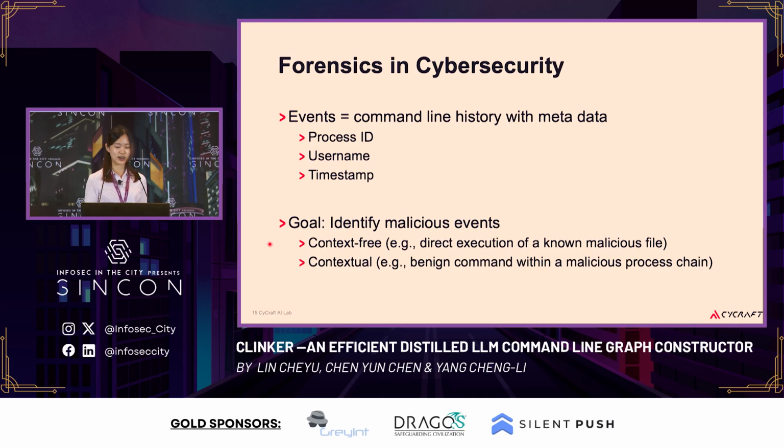Some malicious events are context-free, meaning that they can be identified on their own, like the direct execution of a malicious file. Others might be contextual, where a seemingly benign command turns malicious because it occurs within a suspicious context, such as being triggered in a malicious process chain.